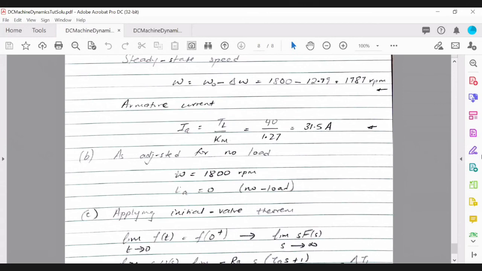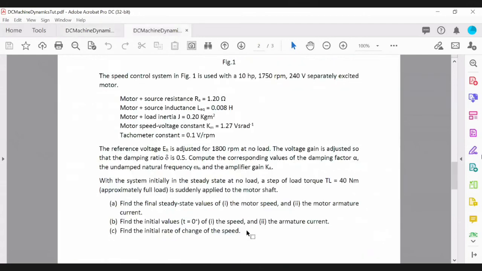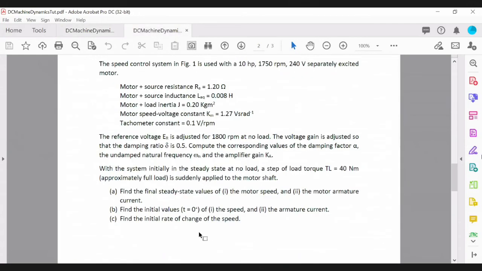So IA is zero, and your no load speed is 1800 RPM. Now the next part, they ask you to work out the initial rate of change of speed, right?